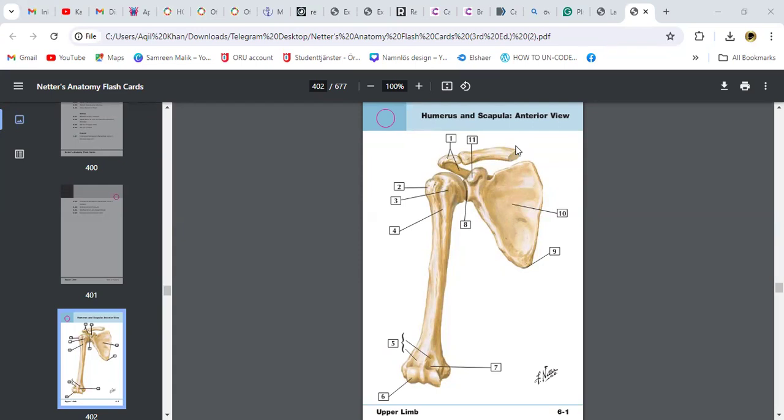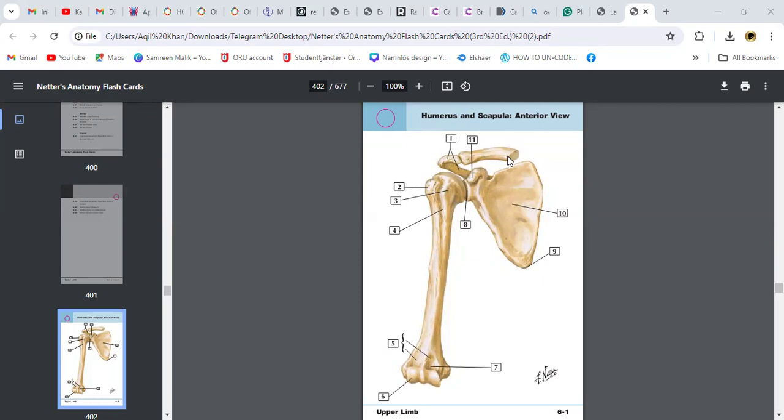The most important clinical significance of the clavicle is that it's most commonly fractured among children, mostly when they fall on an outstretched hand or because of direct trauma to the clavicle. It can easily get fractured.